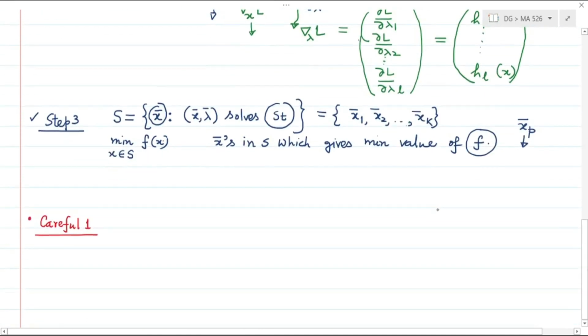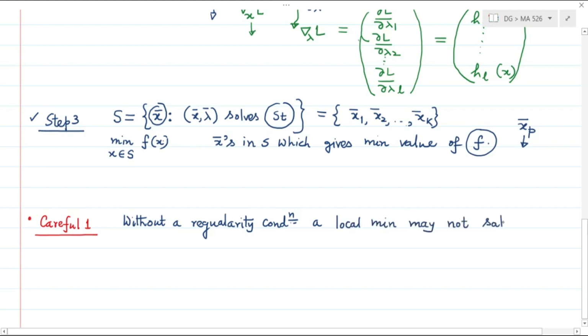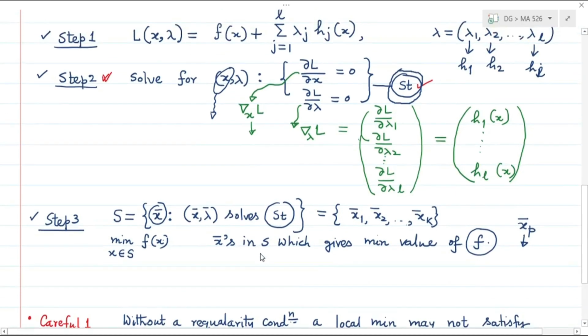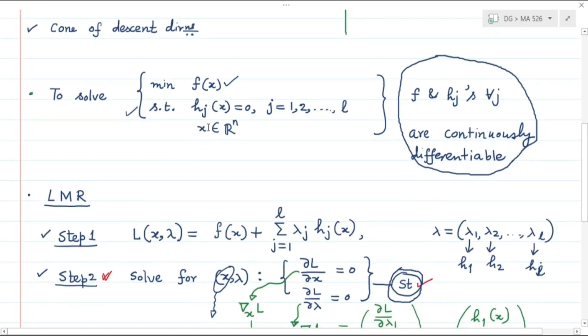So here the first point, let me write out: without a regularity condition, a local minimum may not satisfy the stationarity system.